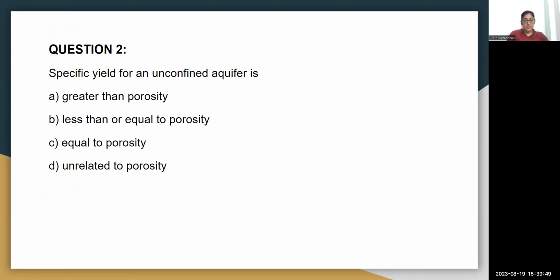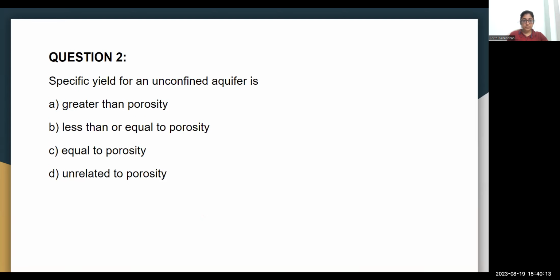Second question. Specific yield for an unconfined aquifer: is it equal to or less than porosity, greater than porosity, or unrelated to porosity? If you don't know the answer, just type in that you don't know. Okay, I'll move on to the solution then.